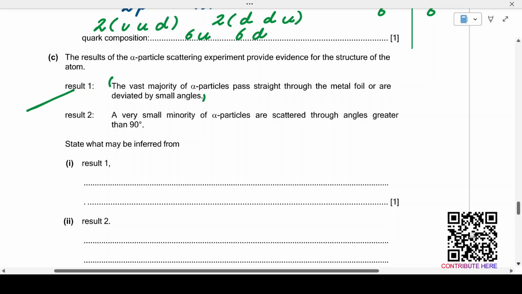From this statement, the vast majority of alpha particles pass through the metal foil or are deviated by small angle. So most of them either pass through as it is or are slightly deviated. So the atom is mostly free space or empty space.